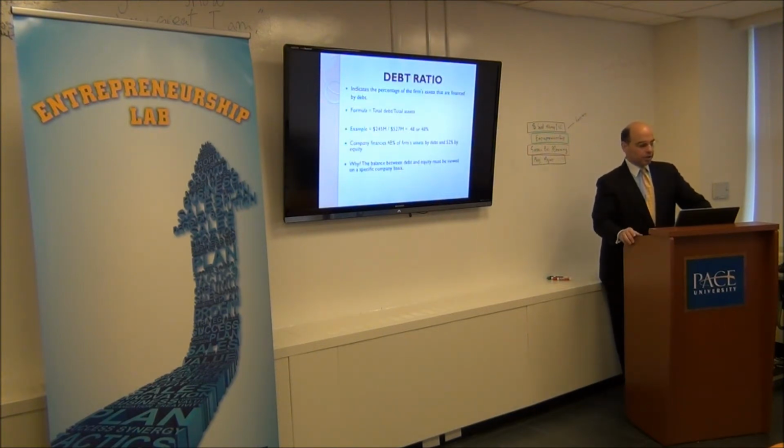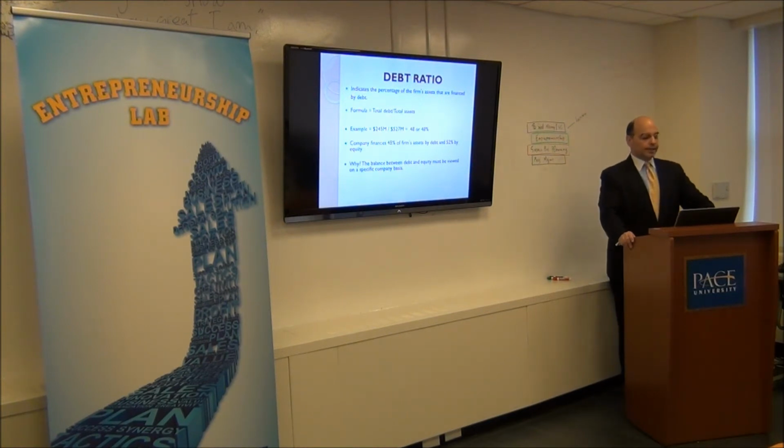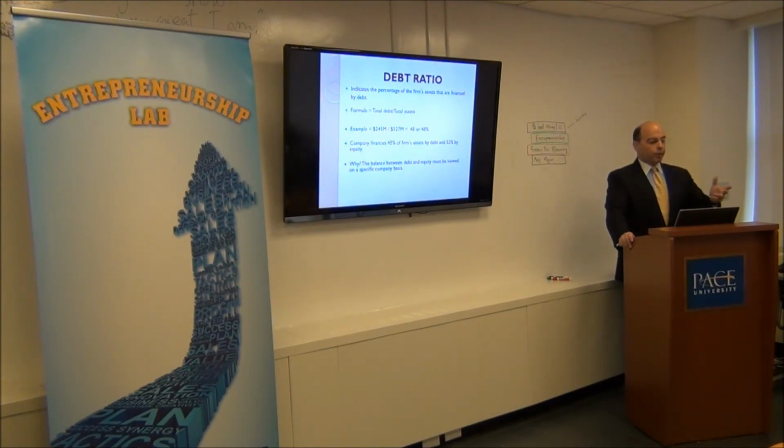The debt ratio is total debt divided by total assets. What is the component? This is a good indicator: I've got 48% of my assets financed by debt, and 52% by equity.